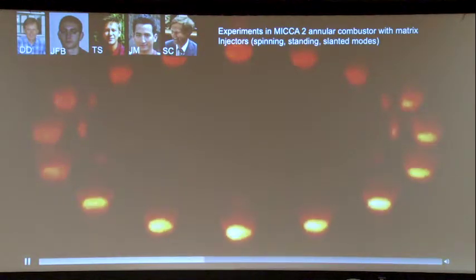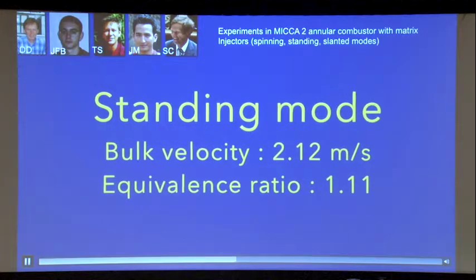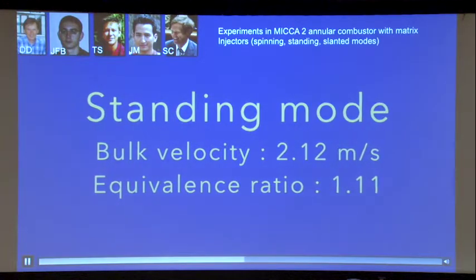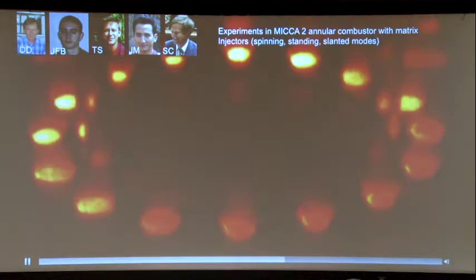You can see here. So this rotates at high speed, at the speed of sound, essentially. Now this is the standing mode. It's a different place in the... And you see now it goes on one side and the other, almost, yes.